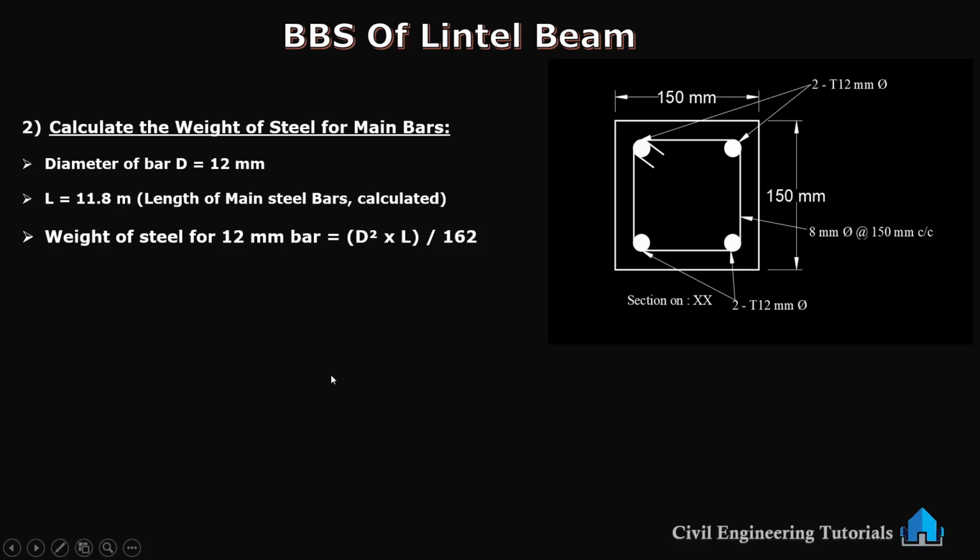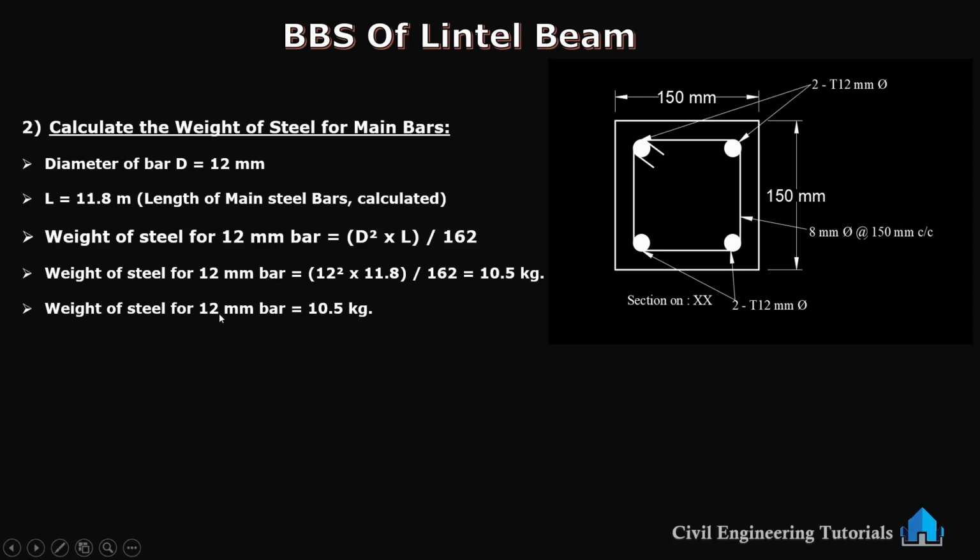So put the values: 12 square into 11.8 length divided by 162. We are getting 10.5 kg. We got 10.5 kg weight of steel for the 12 mm bar.